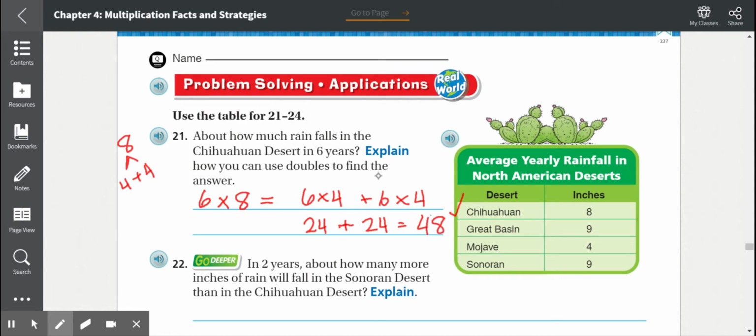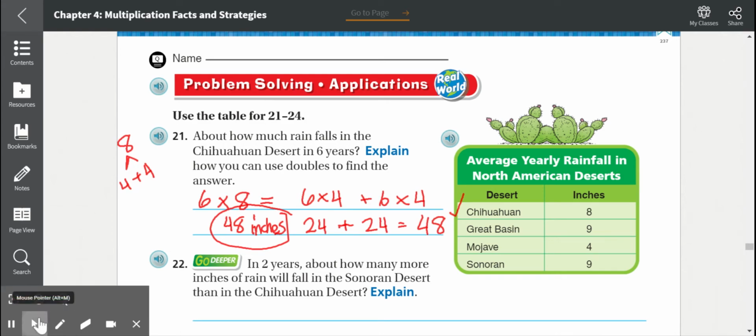So we know the answer to 6 times 8, I'm going to write the answer here, is 48. So how much rain falls in the Sichuan Desert in 6 years? 48 inches. So see how we broke apart the 8 into a 4 and another 4, and then we can just add those products together.